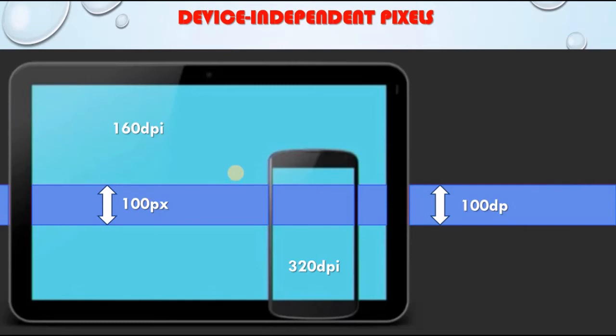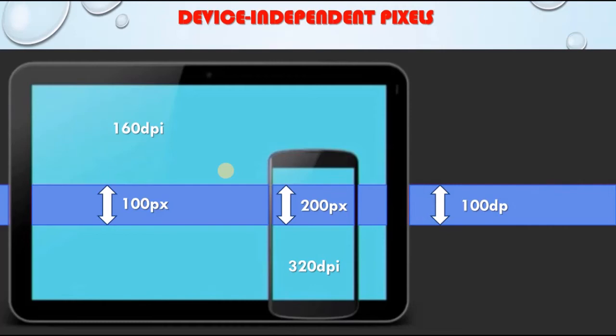But on this 320 dpi now, you see the height is 200 pixels. It's times 2, right? So you see, and take note that these are device pixels, not CSS pixels. There's a difference there, right?